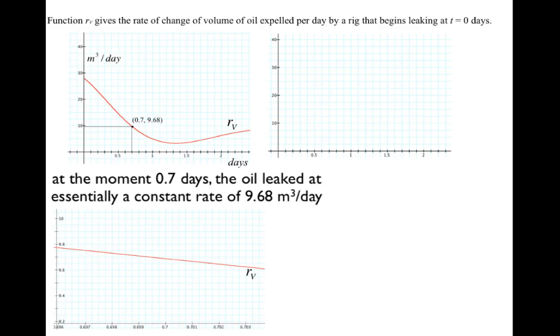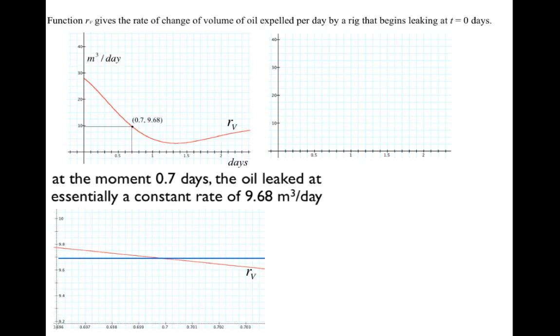This is a rate of change graph, not an accumulation graph, so we're not just looking for something linear. A constant rate of change would be flat, horizontal, right? So this meaning that we have essentially a constant rate at 9.68, we want to think about like this: constant rate for the moment. This is a very small moment in time.